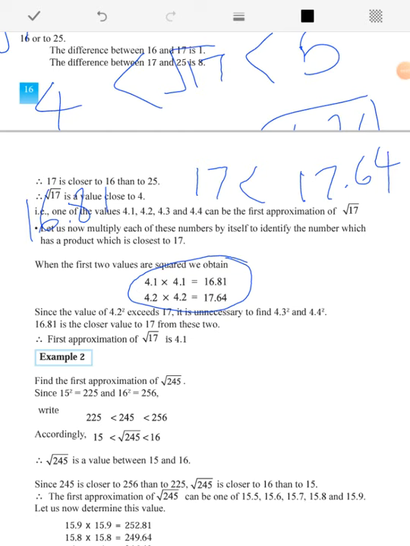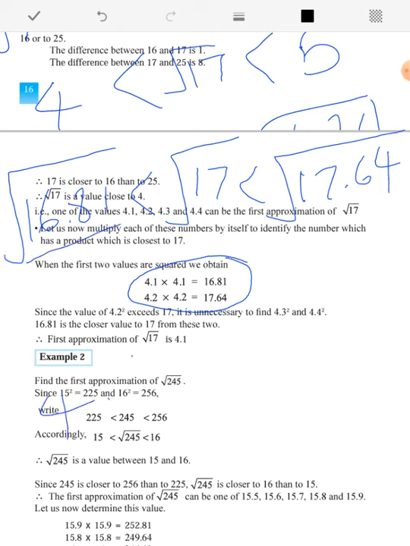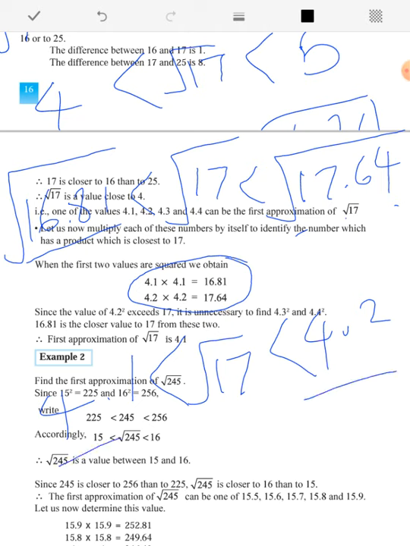I can write it like this, right? Because 17 is in between these two numbers. Now put the square root for each. Now you can say this one is the square root of 17 is 4.1, and this is 4.2. So the square root of 17 is in between 4.1 and 4.2.